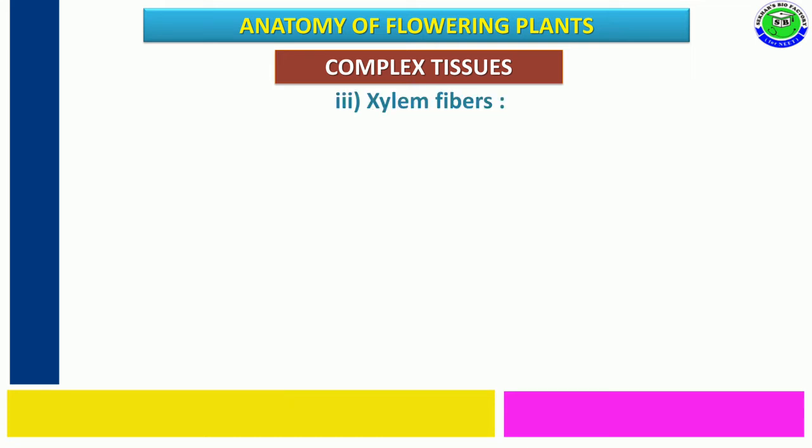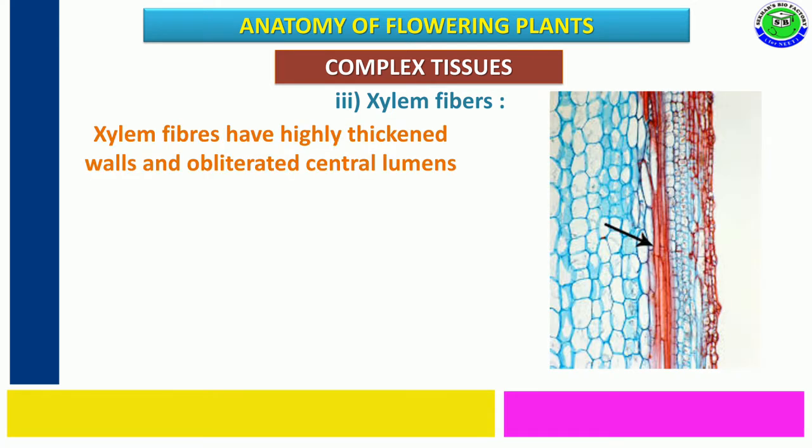The third component is xylem fiber. Xylem fibers have a highly thickened cell wall, and due to this, the lumen is obliterated. That means it is completely degenerated or a very minute lumen is present in xylem fibers.